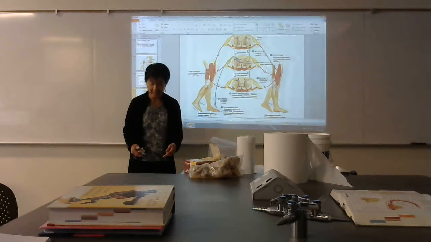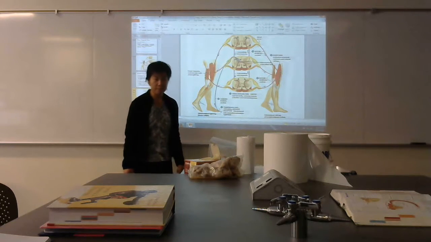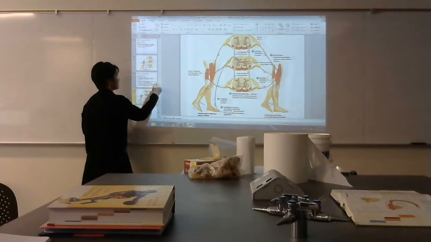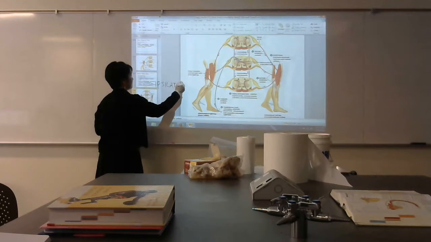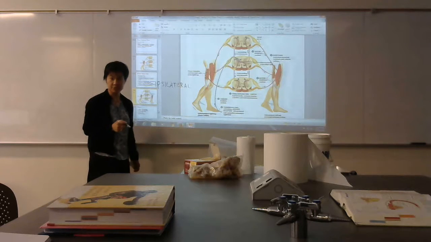Let's say I stepped on something sharp on my right foot, right? I pull my right foot. My right foot did an ipsilateral reflex, meaning same side of the stimulus.